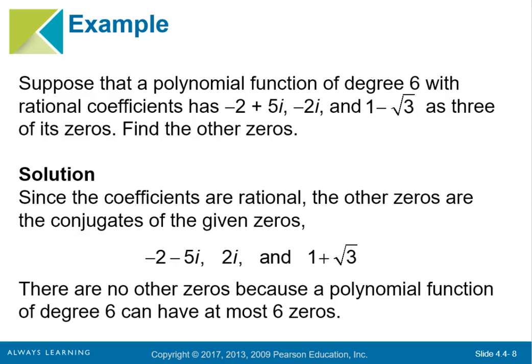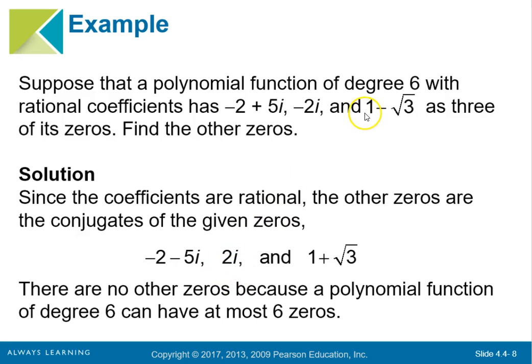Remember, for the conjugate, on the second term, the imaginary part, we have to change the sign. So in this case, 2 plus 5i has a conjugate of 2 minus 5i. For our -2i, we're going to have 2i.